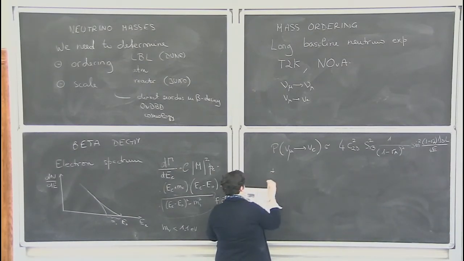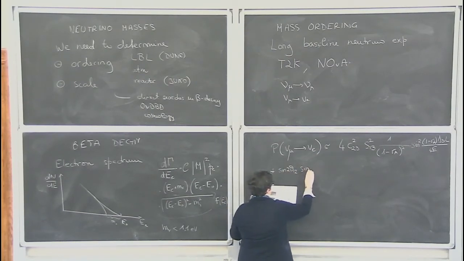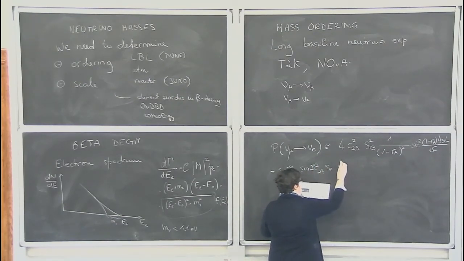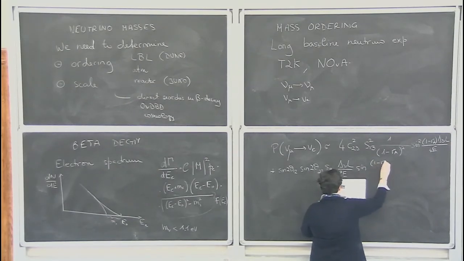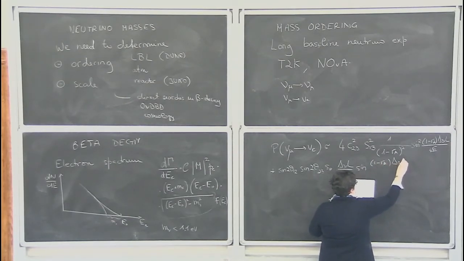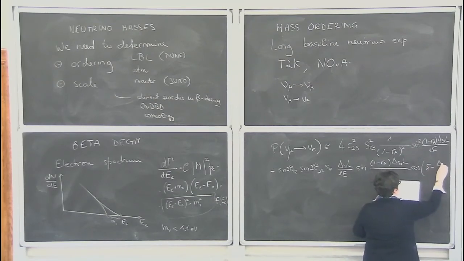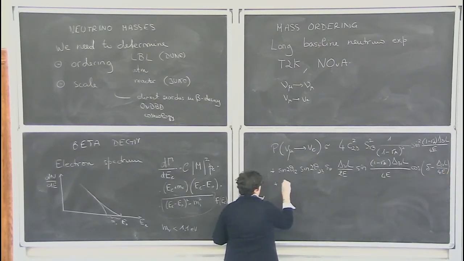Plus, we have the CP violating term: sine 2 theta 1 2, sine 2 theta 2 3, sine theta 1 3, delta 2 1 L divided by 2E, sine of (1 minus A) delta 3 1 L divided by 4E, and here you have the cosine of delta minus delta 3 1 L divided by 4E. And then additional terms which are subdominant.